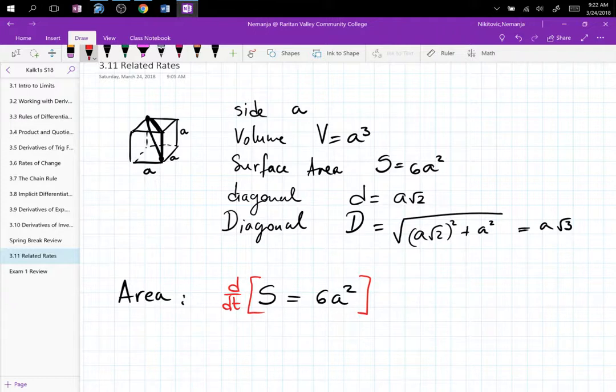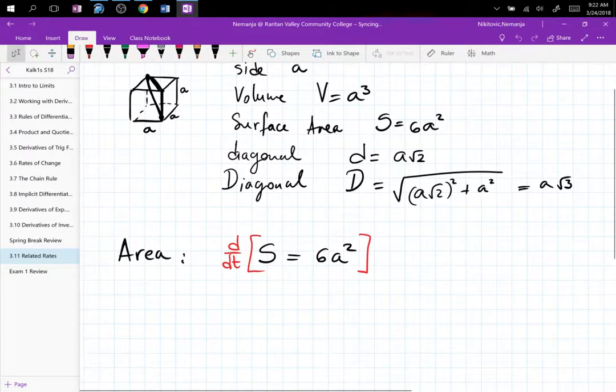Now, yay, implicit differentiation. Woohoo, right? So we get to use the stuff we learned before. So I'm taking the derivative of the formula with respect to time because you have to wait for the ice cube to melt, right? So that's the time component of the whole thing.